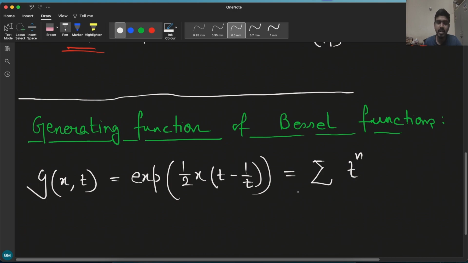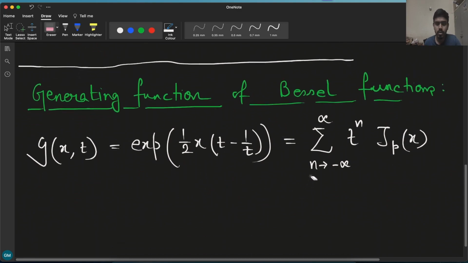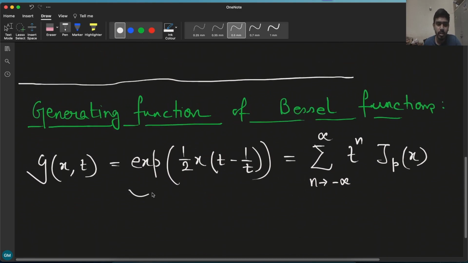So if I write this generating function in the power series of t to the power n, then in the coefficients there will be J n x, where n is going from 0 to infinity. Sorry, n is going from minus infinity to infinity. So this is how this function of x and t produces these Bessel functions.